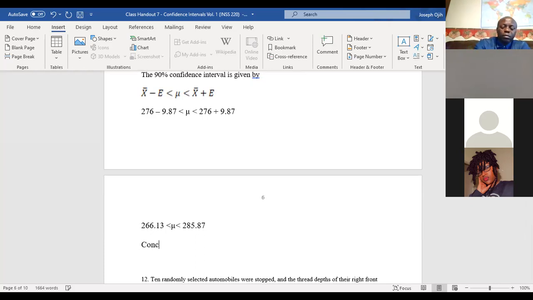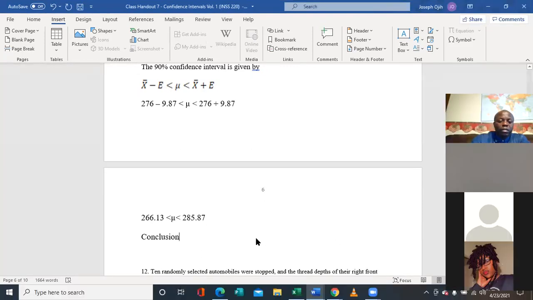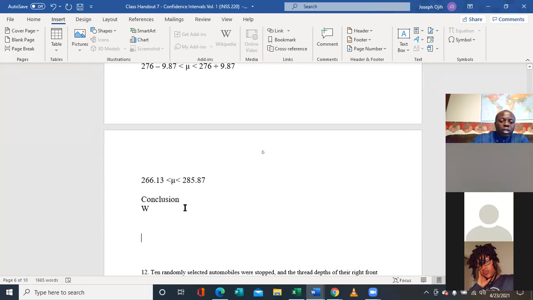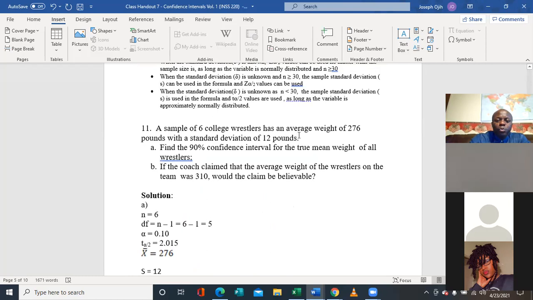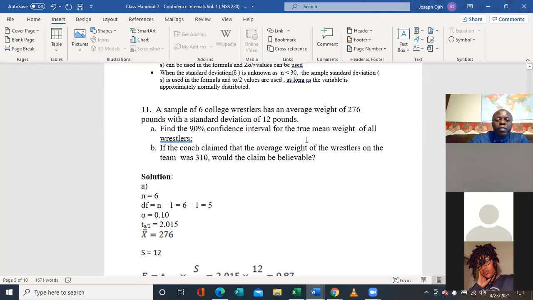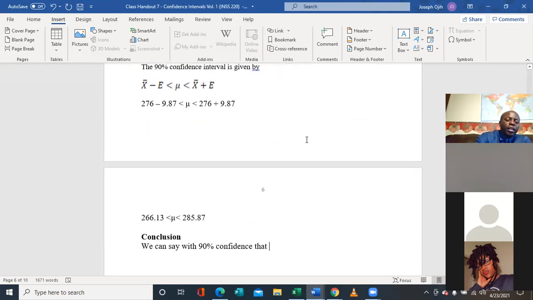Conclusion. We can say with 90% confidence that, now this question is about the average weight of wrestlers, so you can say that the average weight.